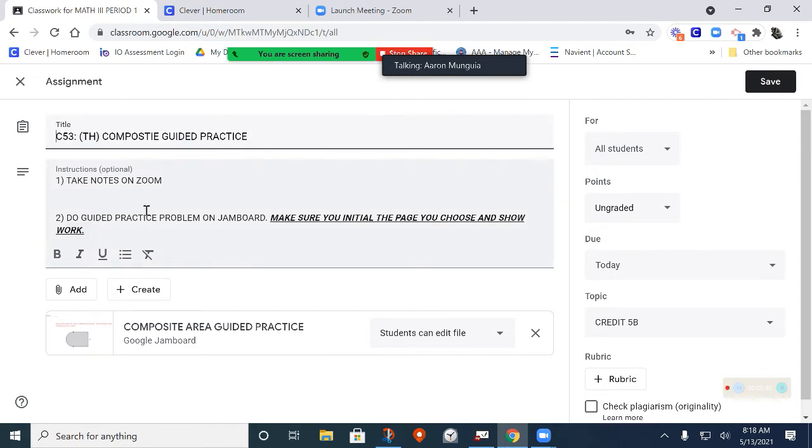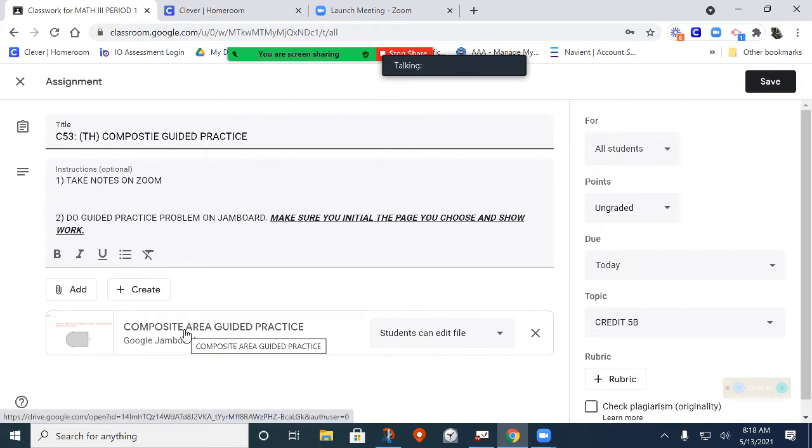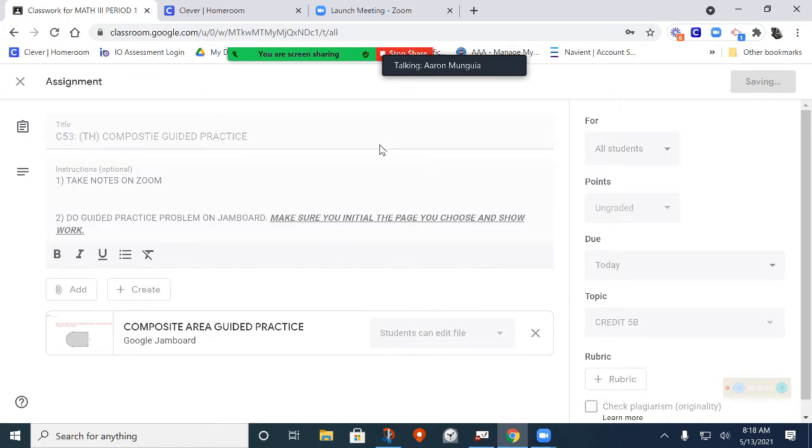So you're going to take notes on Zoom, which you're about to do right now. Then you're going to do the guided practice problem on Jamboard. We're going to do one Jamboard problem together. On Jamboard, you guys can copy off each other. You're going to do one Jamboard problem, and you're done after you take the notes. Okay? You'll click this link on the Jamboard, and it's one problem. You put your initials on any slide that you want. You guys know the deal. You guys have done Jamboards before.